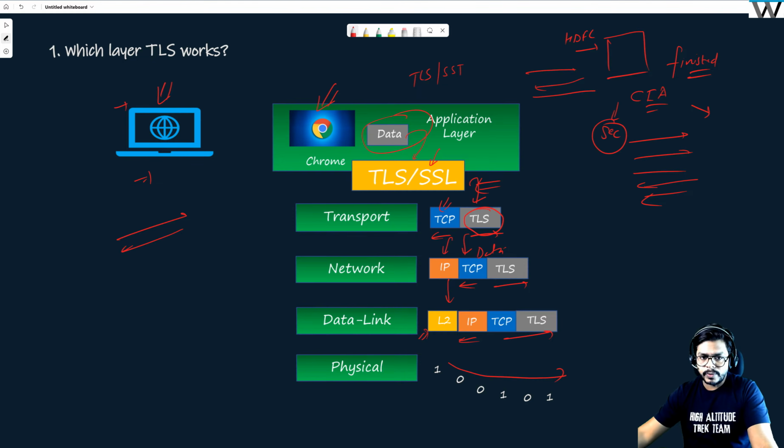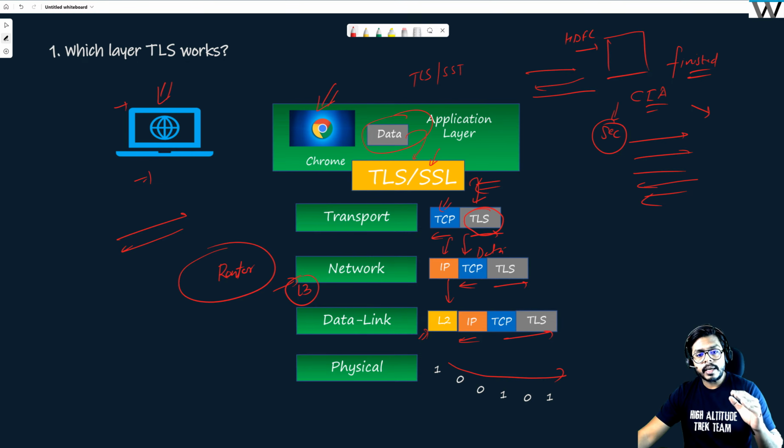If we talk about a router and we say the router is a layer 3 device, what is the meaning of it? The meaning is that the router can understand layer 3. Can it only understand layer 3? No. If I say that a router is a layer 3 device, it means that layer 3 is the maximum which routers understand.